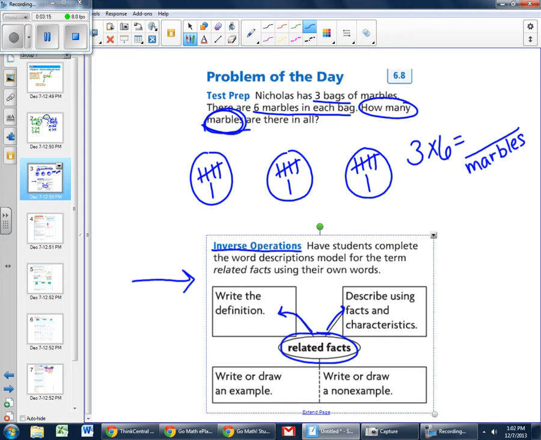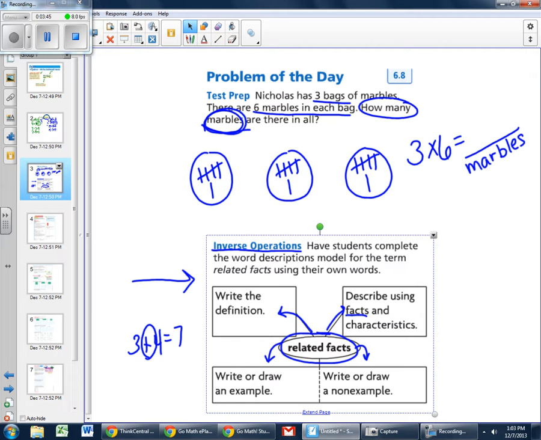Describe it using facts. So just like I did on the slide before this, use some facts to show us how to do it. Write or draw an example. So instead of just doing 3 plus 4 equals 7, show me that, but you're not using plus because we're doing multiplication and division this time. And then write or draw a non-example, so how it does not work if you use a different process.